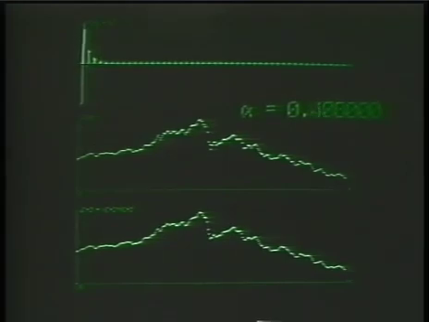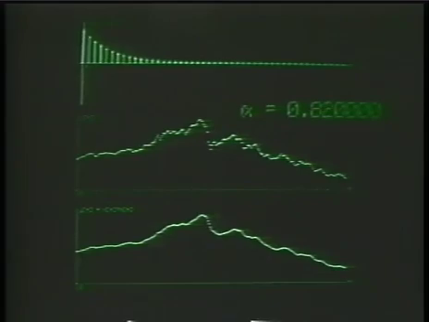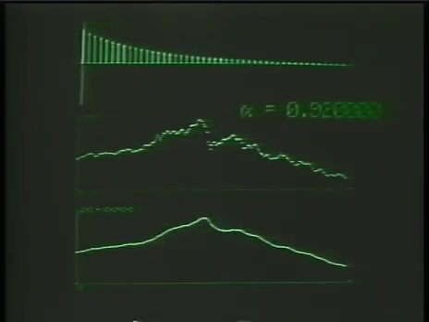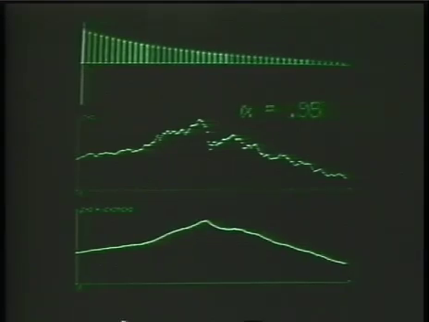So now we are increasing the parameter A. We see that the bottom trace, in relation to the middle trace, is looking more and more smoothed, or low-pass filtered. Here now we have a fair amount of smoothing, to the point where the stock market crash of 1929 is totally lost. And I'm sure there are many people who wish that through filtering we could have avoided the stock market crash altogether.